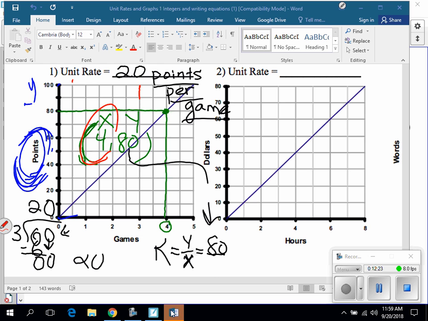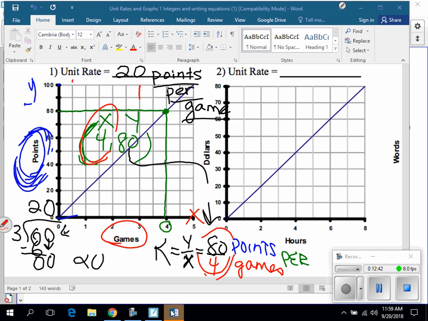And this time X is 4. And I can write back in if I want to, points goes with Y. I put the word per in between. And if you'll recall, the X-axis went with games. And if you take 80 and divide it by 4, you're also going to get 20. So 20 points per game.